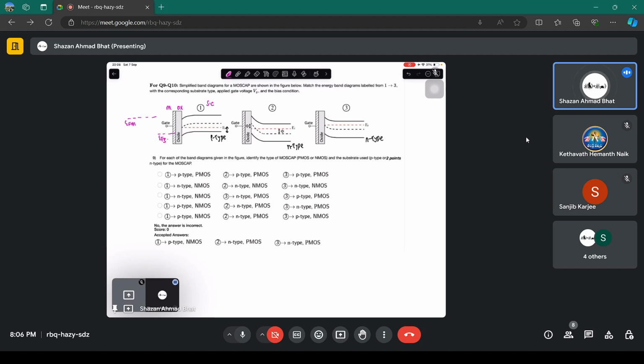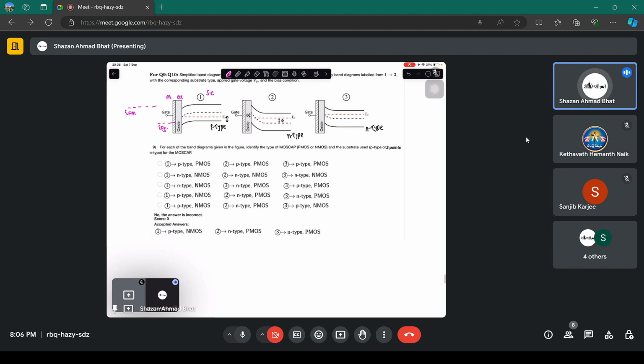Now, in this particular case, when the contact is made between the metal, oxide and the semiconductor, electrons will, I should say, this particular level is going to go down, and there will be equilibrium. There will be a single Fermi level in equilibrium, and as such, the bands will bend in this particular fashion.